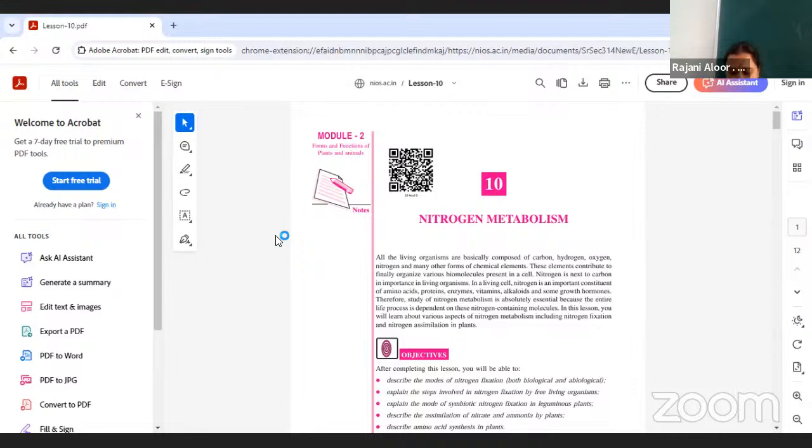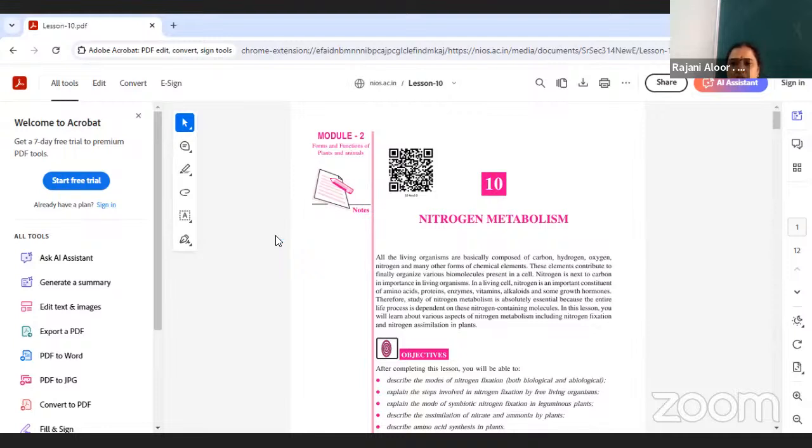therefore, the study of nitrogen metabolism is absolutely essential because the entire life process is dependent on nitrogen-containing molecules.